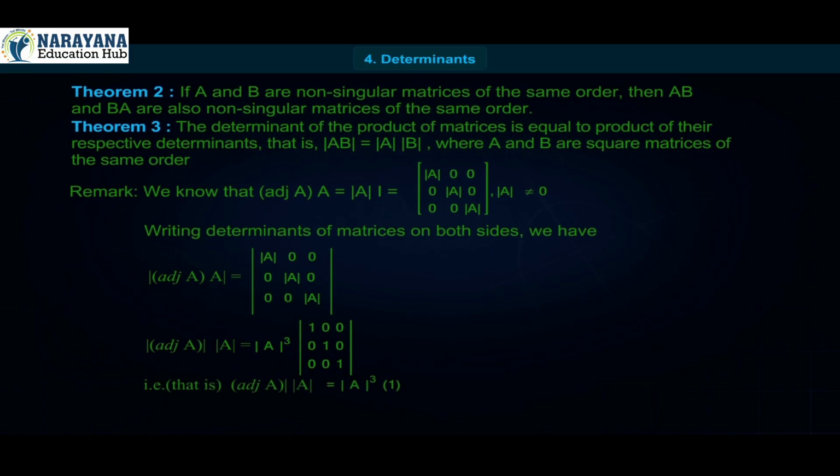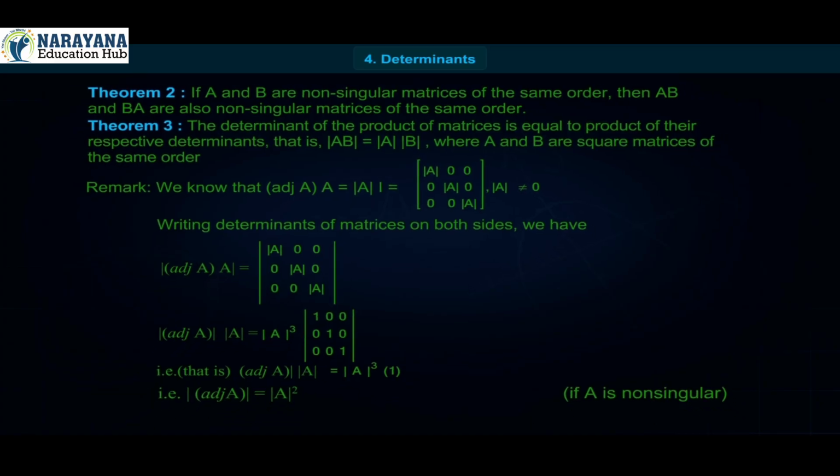That is, determinant of adjoint A times determinant of A is equal to determinant of A whole cubed times 1. That is, determinant of adjoint A is equal to determinant of A whole squared if A is non-singular. In general, if A is a square matrix of order n, then determinant of adjoint A is equal to determinant of A whole raised to n minus 1.